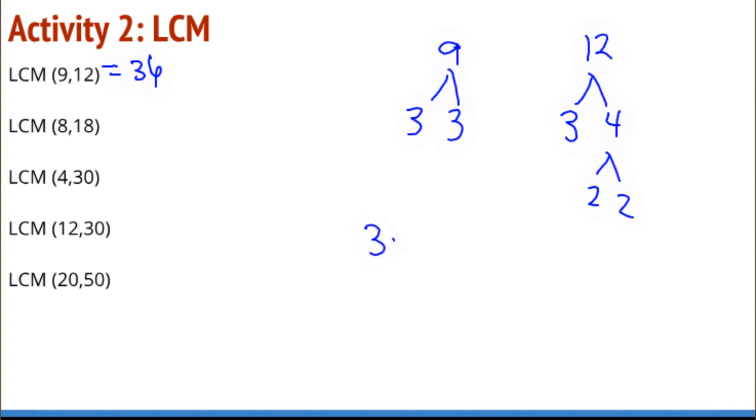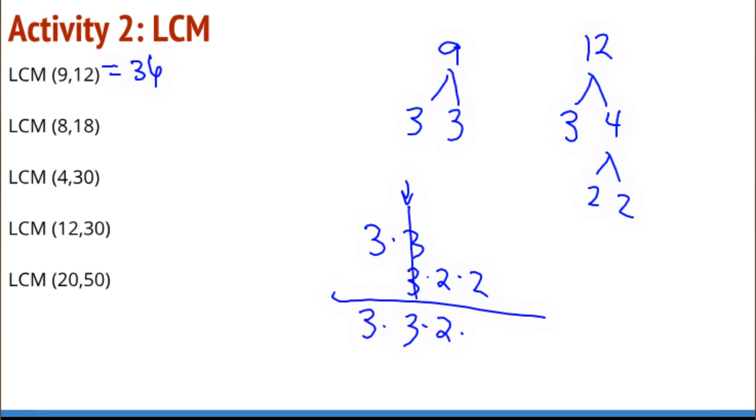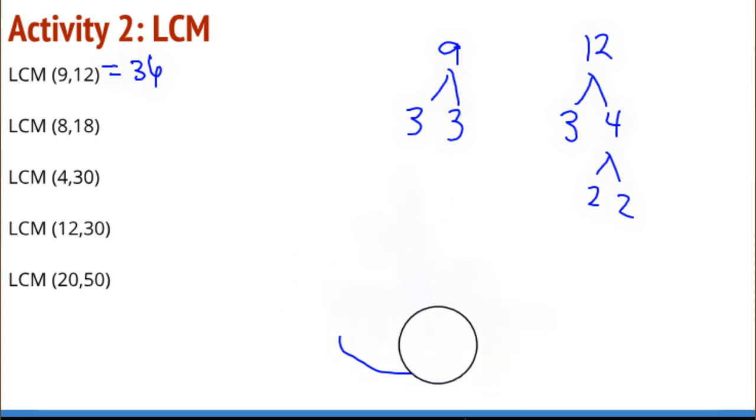I've got 3 times 3, and I've got 3 times 2 times 2. So I've got a pair of 3s, and then a single 3 and a 2 and a 2. 3 times 3 is 9, times 2 is 18, times 2 is 36.